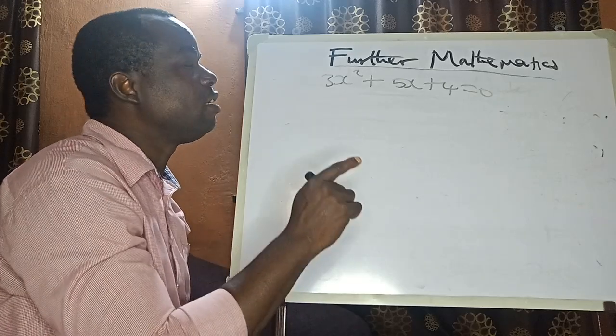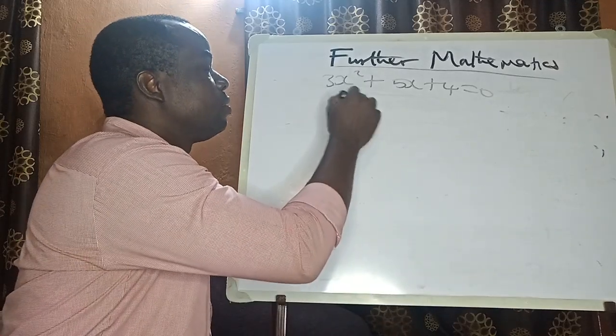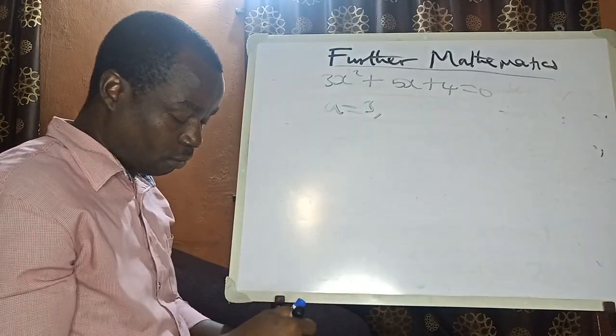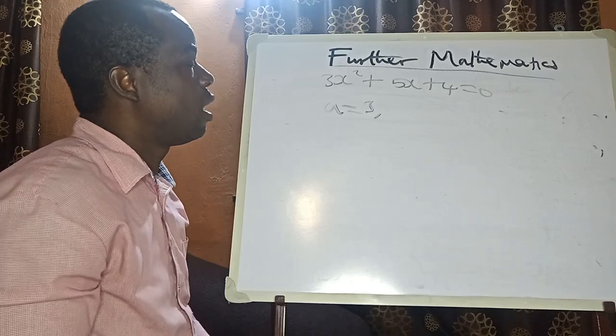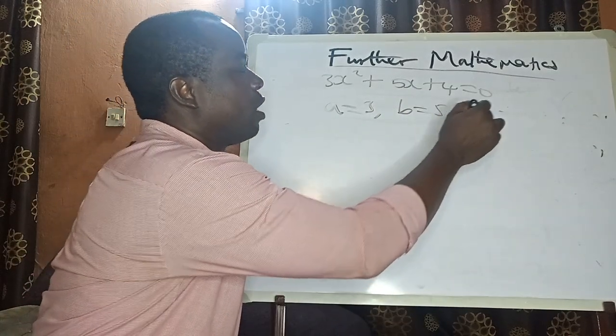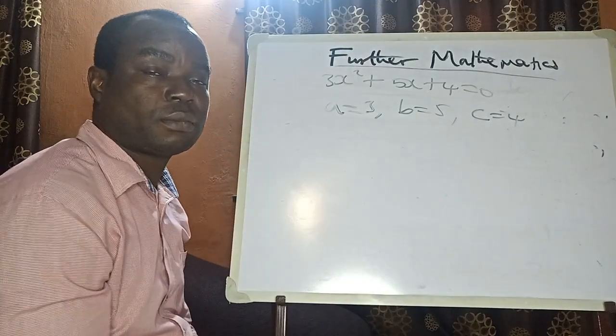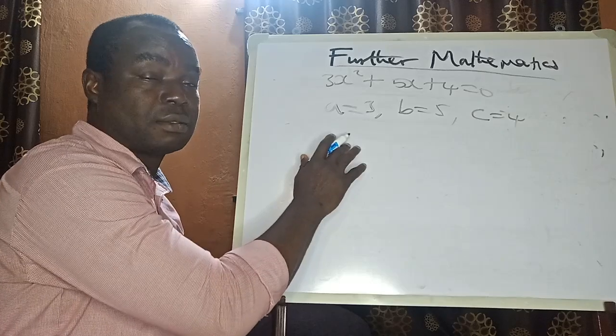I told you that a is the coefficient of x squared. So our a is 3, our b is 5, and our c is 4. So please take note of that.